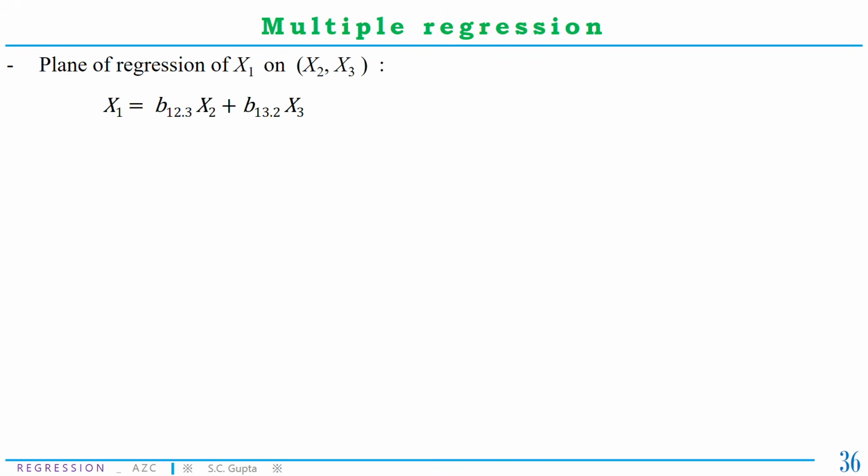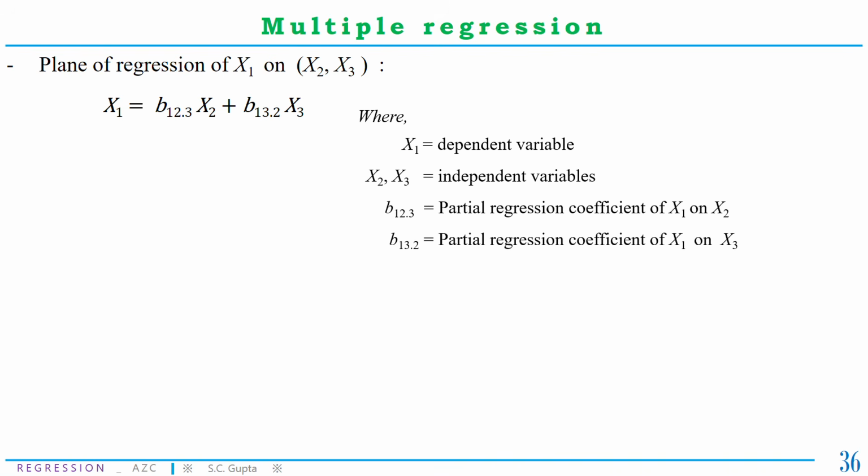Equation is given as below, where x1 is the dependent variable, x2, x3 are independent variables, b1 2.3 is the partial regression coefficient of x1 on x2, b1 3.2 is the partial regression coefficient of x1 on x3.